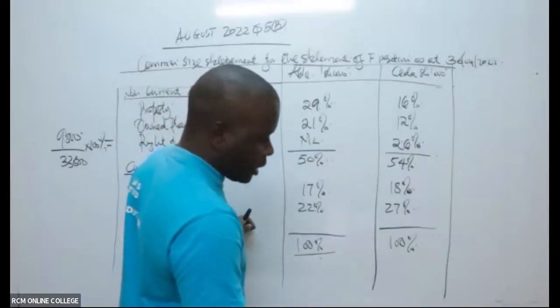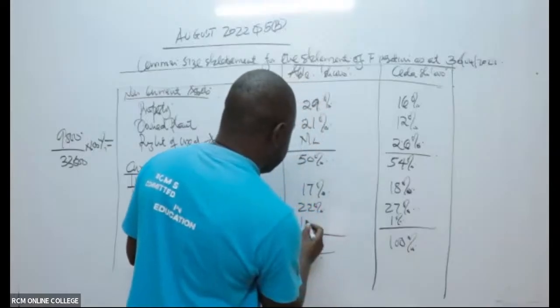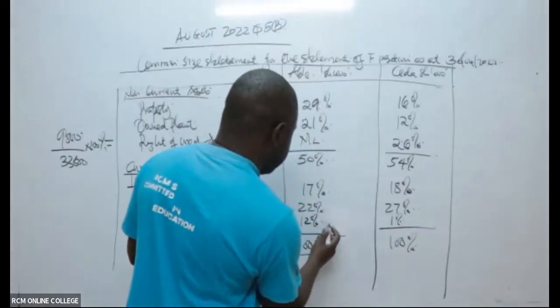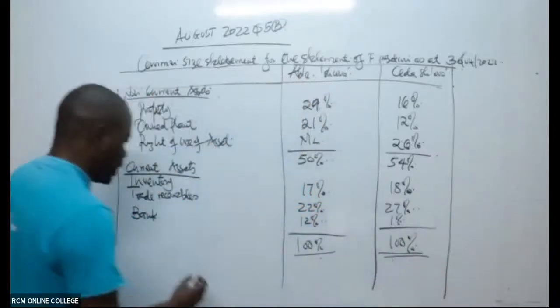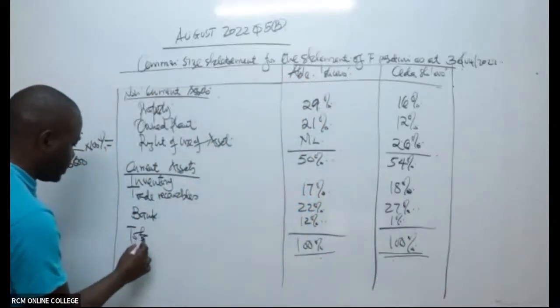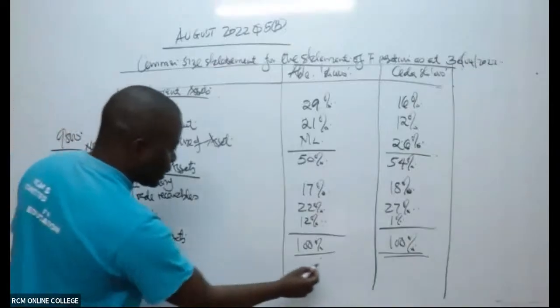SEDA 1.1%, so that's 1%, because this one will be 12%. So both of them should give us the figure for total assets, which is the base, which is 100%.